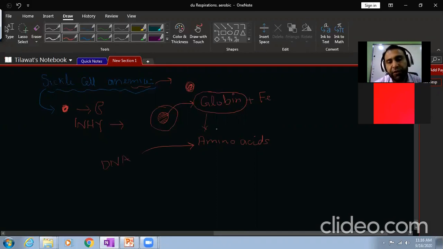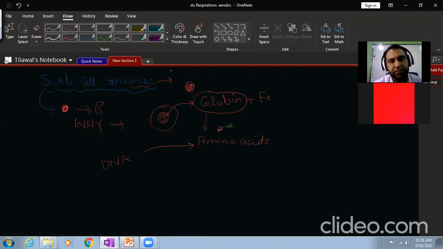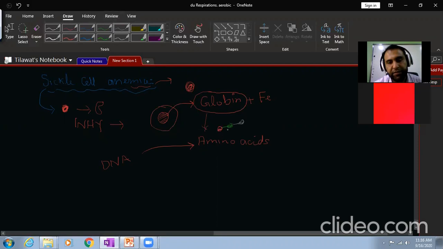Right? So for example, this is the sequence of the amino acids. These are different amino acids. So what happened? In the gene that codes for this sequence of amino acids, one of the codons, inside one of the codons, one nucleotide changes.